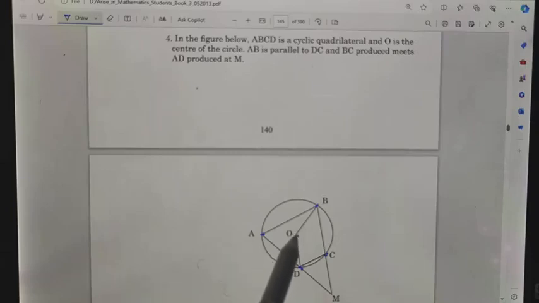AB is parallel, which means that line and that line are parallel. Those are the things that you need to know. And BC produced meets AD at M. So BC has been produced, AD produced, they meet at M. So what is the question?